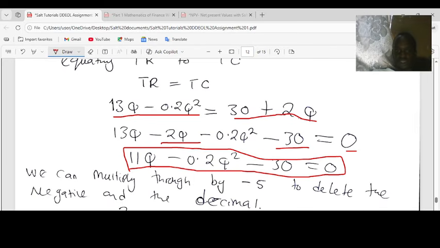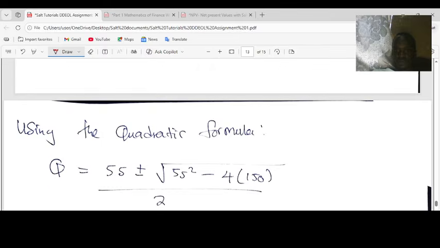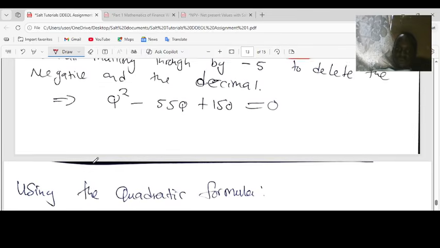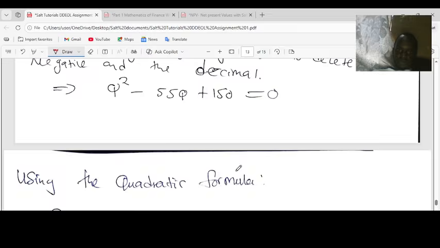I used my formula method here, and that's what you can use as well if you wish to. I can take this equation the way it is and use the formula method.